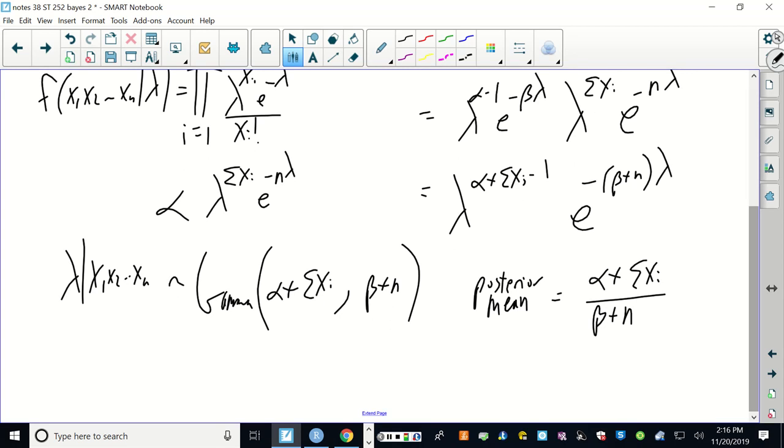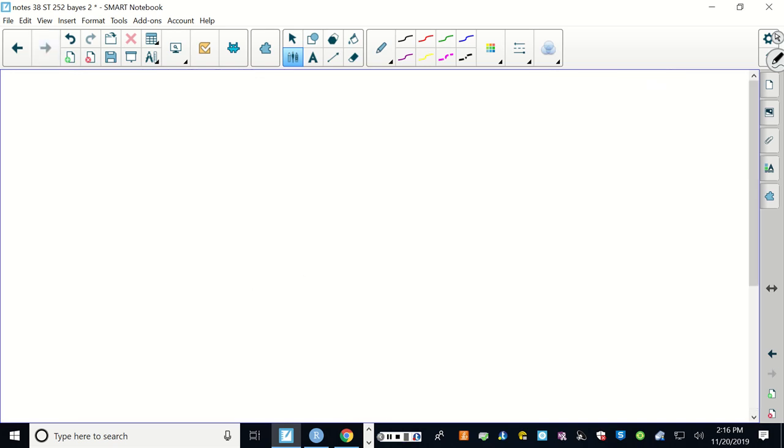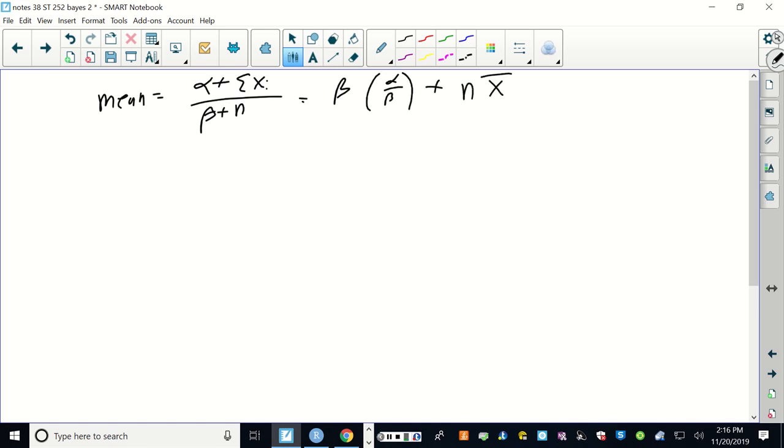And this posterior mean can be written as a combination of the prior, alpha over beta, and a sample average. I don't have room to write it there, but the mean was alpha plus the sum of the xi's over beta plus n. This can be written as beta times alpha over beta, that's alpha, and then n times x bar, which is the sum of the xi's, over beta plus n.